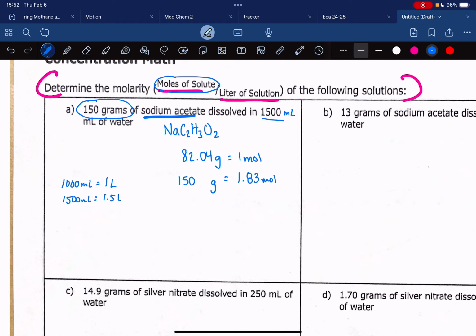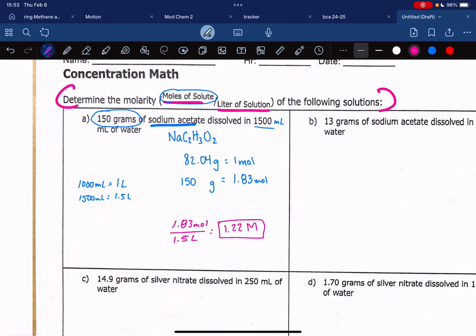We got our 1.83 moles divided by 1.5 liters. When we divide those two numbers, that'll give us our molarity. 1.83 divided by 1.5, I get 1.22 molar. That's the concentration, 1.22 moles for every 1 liter.